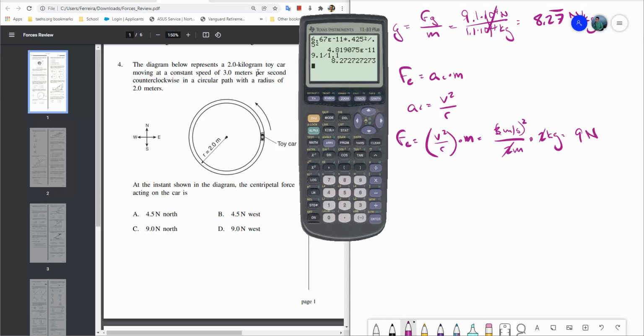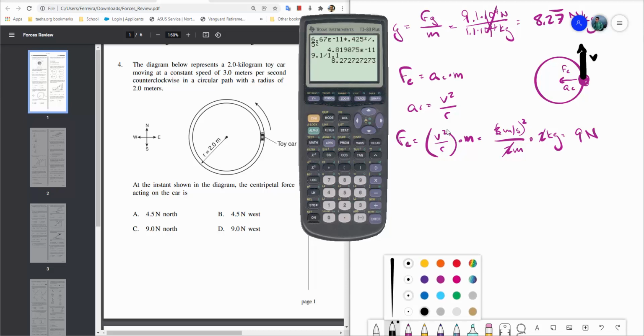The answer here, we need a direction. The toy car is over here. Centripetal force and centripetal acceleration are always pointing to the center of the circle. And the velocity is always tangent to that circle.